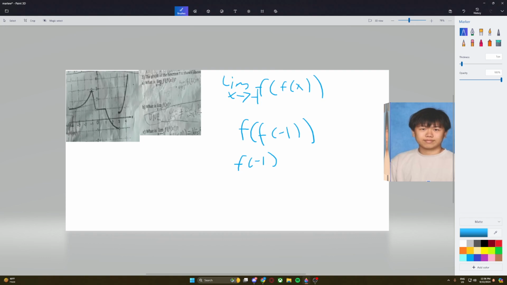Well, we know what that is. It's 3, even on both sides. Look how it approaches 3 on both sides at -1. Do not make the mistake of thinking that it doesn't approach on both sides. I almost did that. But it approaches 3 on both sides at -1.